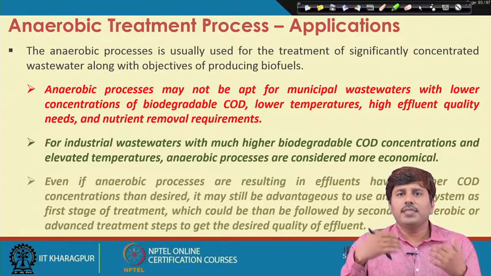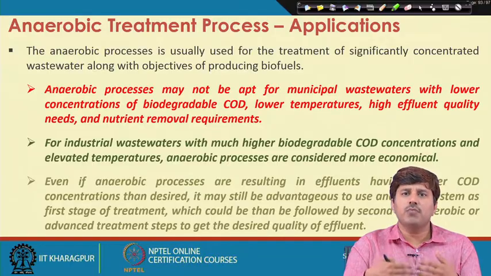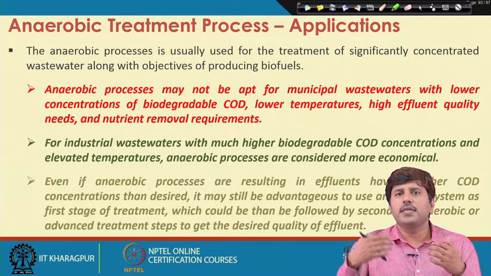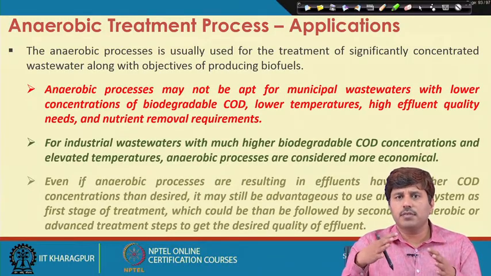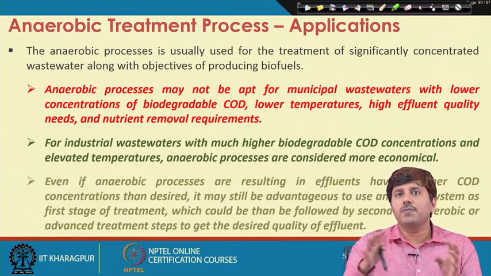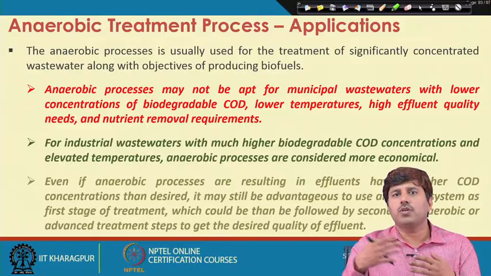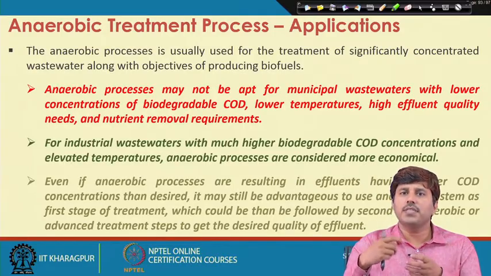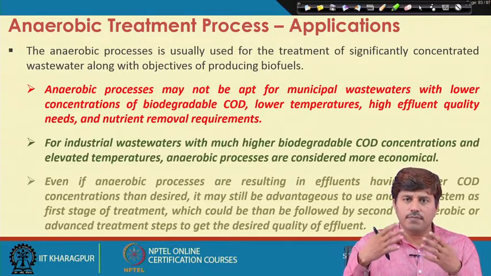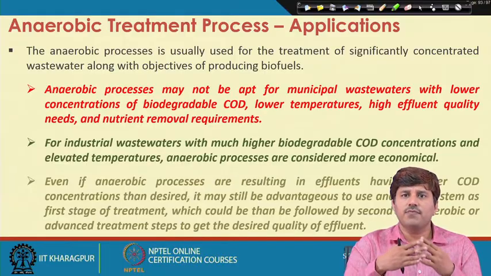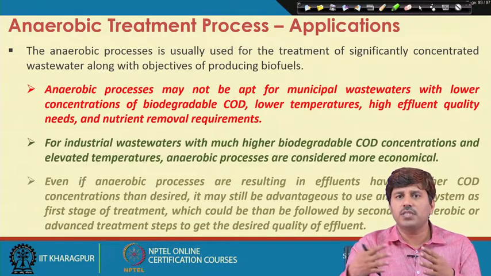And if you do not have biomass growing in the system, even if we come up with a pretty good system that may work, there might be a possibility of biomass washout from the system. This is one of the very common problems when the USB is applied to domestic sewage.